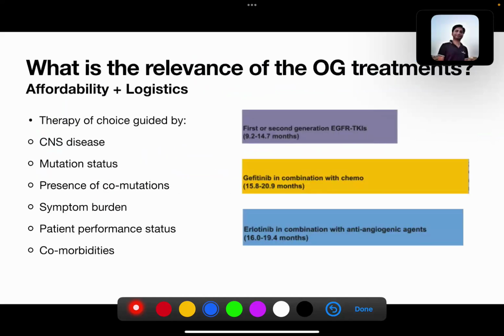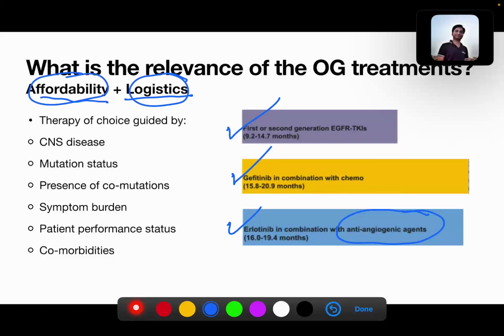What is the relevance of these older treatments, such as first or second generation TKIs alone, or gefitinib in combination with chemotherapy, or erlotinib in combination with anti-angiogenic agents? What is the current role? Obviously, in patients who cannot afford third generation TKIs, or who have logistical issues, you can still give these first or second generation TKIs alone or in combination, right?